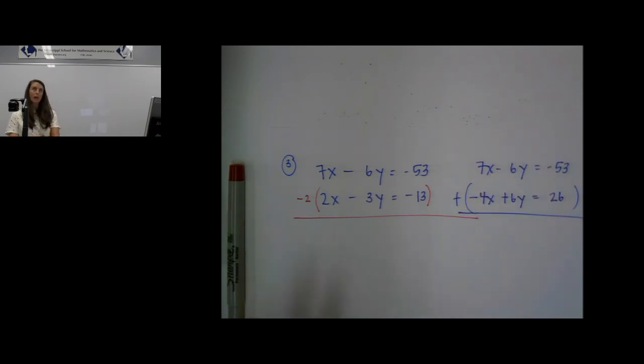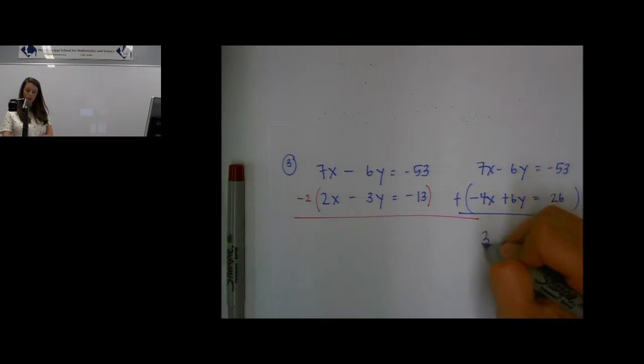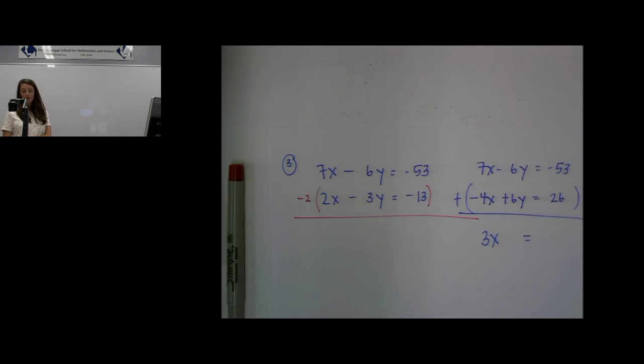Now what happens when I add these two equations together? I'm going to get 7x plus negative 4x, which is 3x. My 6y's are going to go away. And I have negative 53 plus 26, which is going to be negative 27.